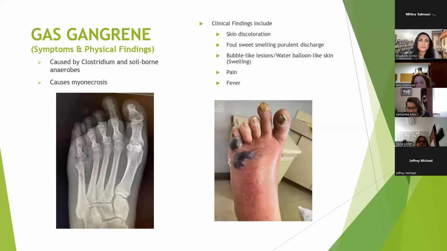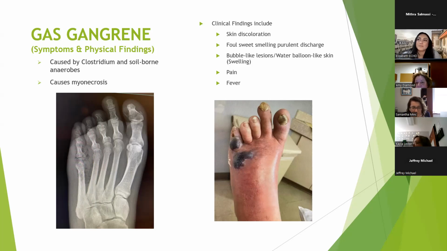So on the right is actually a picture of Dr. Suchak. I let her know it was a mutual patient we had, but this kind of shows these blood blistery lesions. The foot is a little shiny. Sometimes the foot can blow up just like it might look like a water balloon. So if you see that tightness in the skin with these blistering lesions that look like blood blisters in a diabetic, that's definitely something that you want to consider and make sure you don't miss.